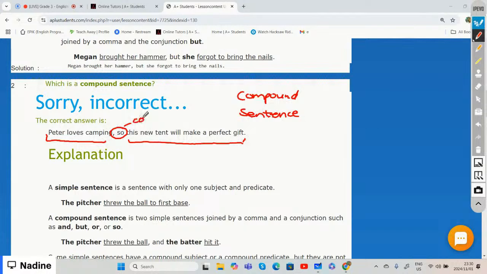So is our conjunction that is joining those two simple sentences. Peter is a subject. New tent is the thing that we're talking about. Loves camping, predicate. Make a perfect gift, predicate. So well done. That is our compound sentence.